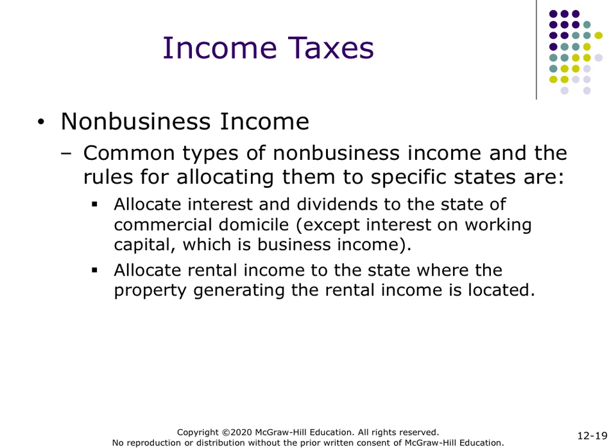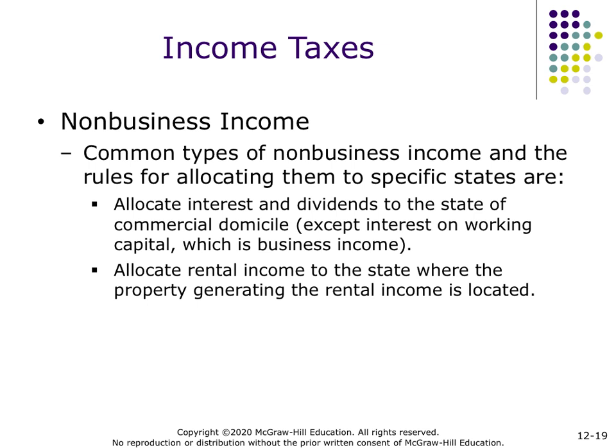There are some common types of non-business income, and it's important to understand how to allocate these things. Royalties get allocated to the state where the property is used, if the business has nexus in that state. If not, you allocate royalties to the state of commercial domicile.